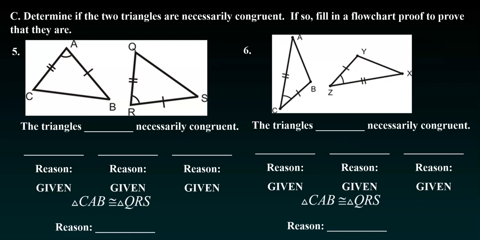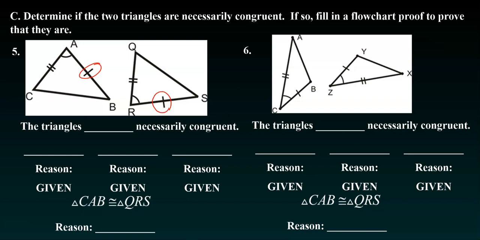Determine if the two triangles are necessarily congruent. If so, fill in a flowchart proof to prove that they are. So if we look at the first triangle, we have this side and this side are congruent.